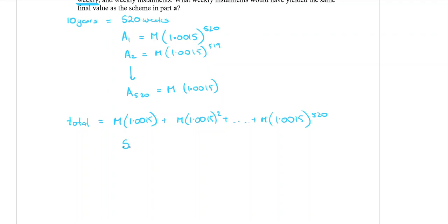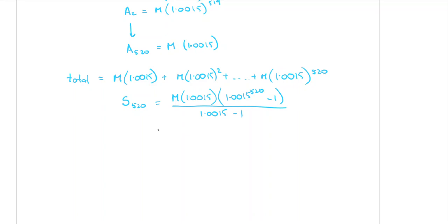The sum of those 520 terms will be the first term, there's my first term, bracket R, which is 1.0015, to the power of N, which is 520, take away the 1, all over 1.0015 minus 1.